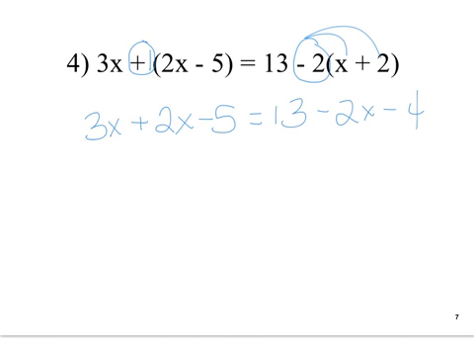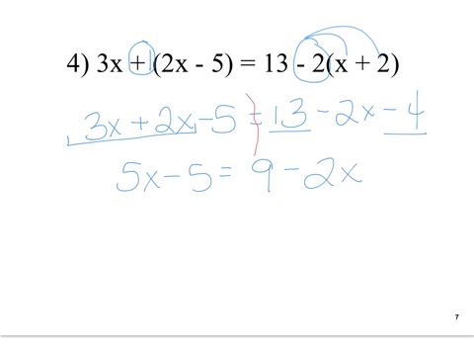Now look on either side of the equal sign. There's the equal sign. Combine things. Now, when we combine here, remember, no signs change. So these two are the same. So I just got 5x. This one and this one are the same. 13 minus 4 is 9. Now we're changing over the equal sign. So when we change over the equal sign, we use our inverse operations.